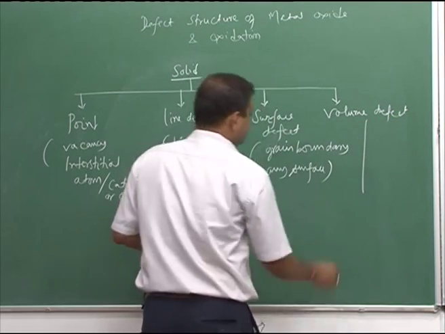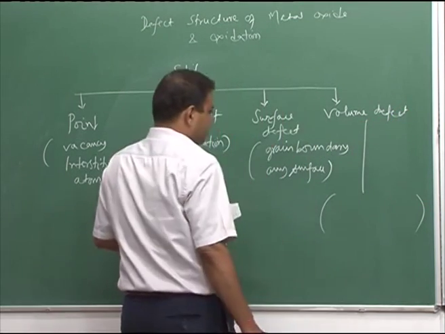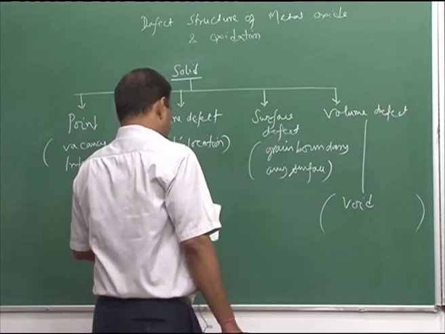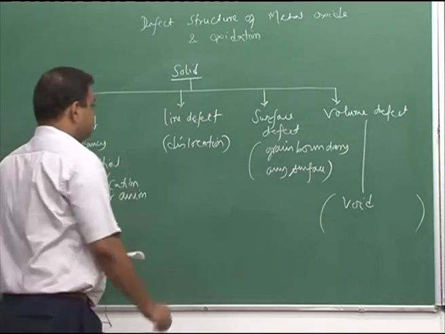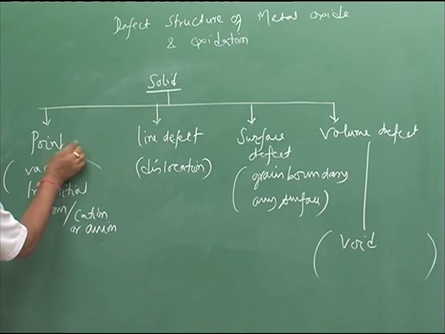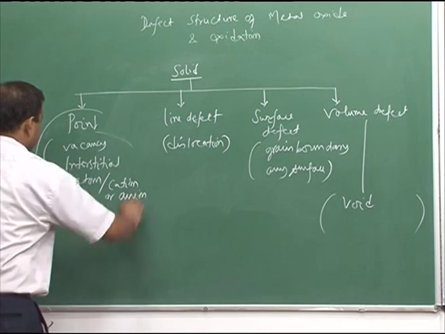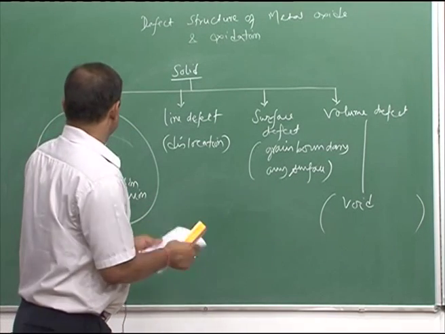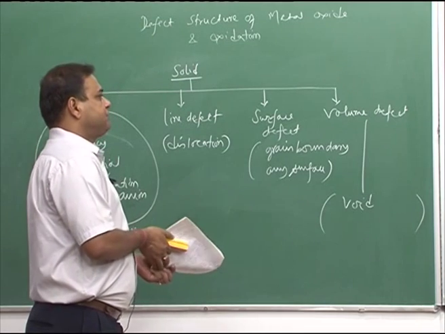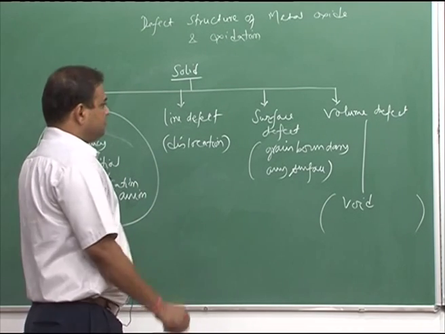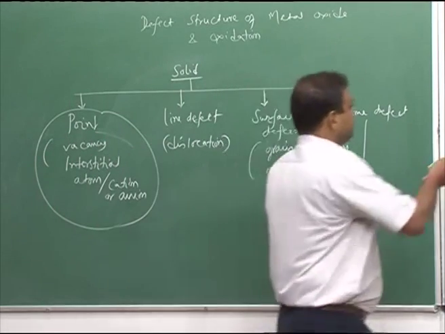An example of volume defect could be void. So, we have 4 kinds of defects in solid. Now, our primary interest would be the point defect in oxides. So, let us discuss the common point defects which are important for our current discussion.